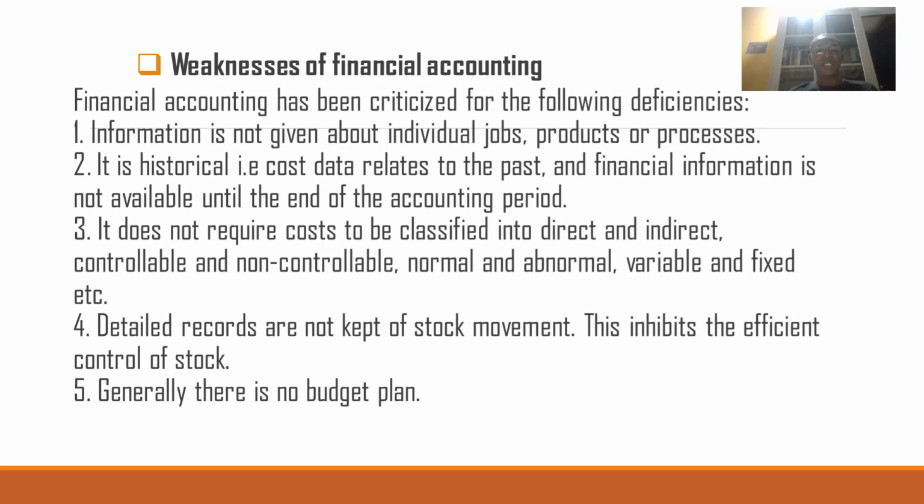Then detailed records are not kept of stock movements, and that hinders efficient control of stock. And then generally, there is no budget plan. So all of these things are the weaknesses of financial accounting, which definitely necessitates the need for what? For cost accounting.